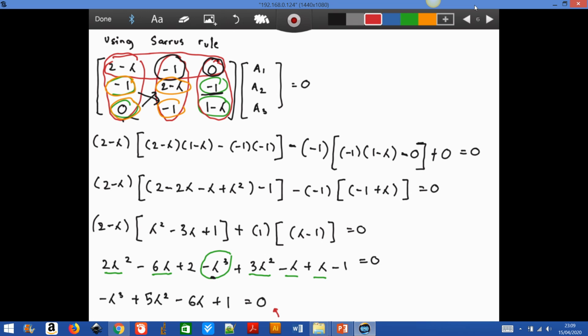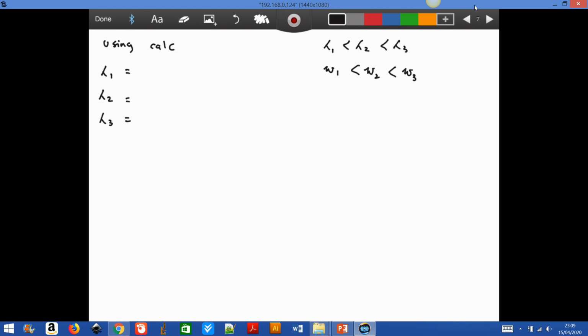Basically we can use our calculator straight away. Using the calculator, always remember that you will get three values, lambda 1, lambda 2, and lambda 3, and make sure straight away you organize them so that lambda 1 is smaller than lambda 2, which is smaller than lambda 3, because you need to remember that omega 1 is always smaller than omega 2, and omega 2 is always smaller than omega 3, so it's the same.